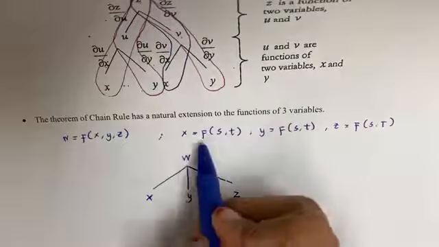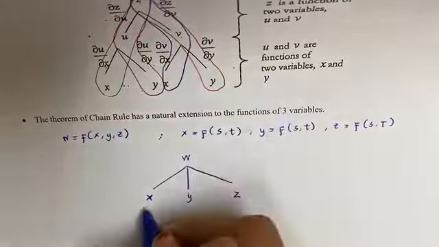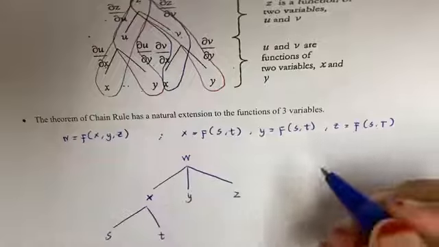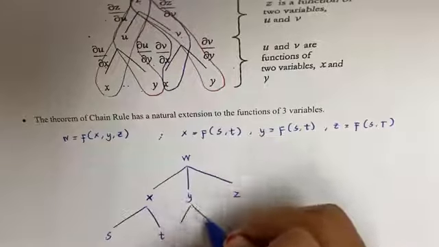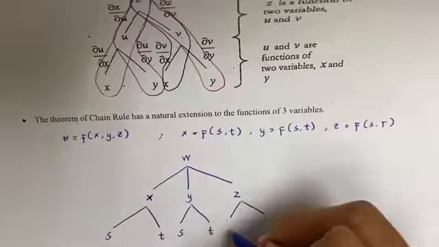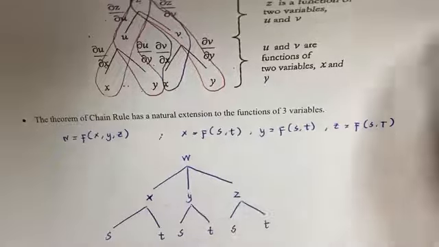Next, x is a function of s and t, so here you have s, t. For y you have another s, t, and for z you have s, t.